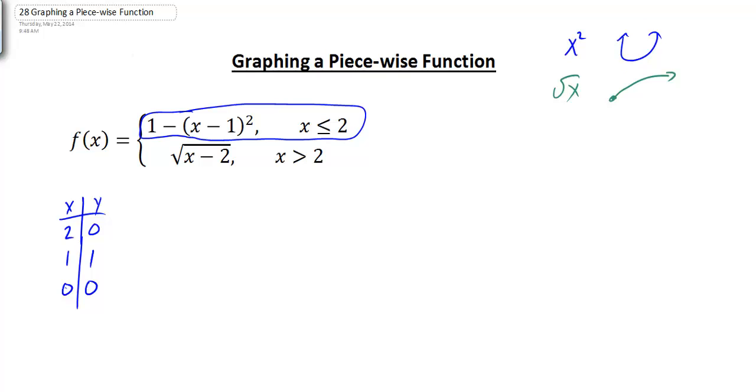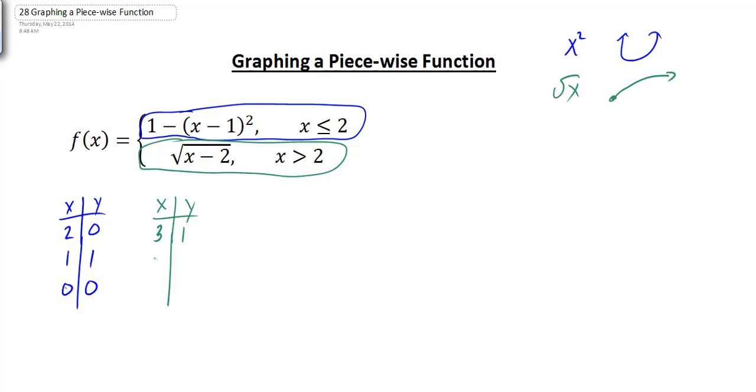And then I want to look at some points for the second part of our function, which is this square root part. So here, if I pick some points for x, now the x values have to be greater than 2. So I'm going to pick 3. 3 minus 2 is 1. The square root of 1 is 1.